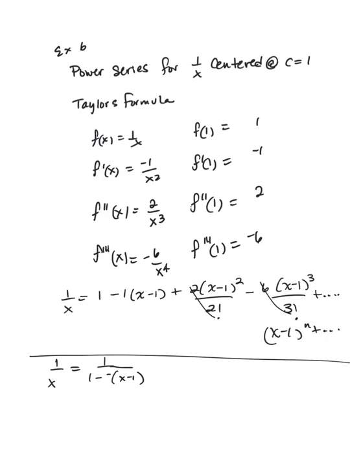So what we could do is we could replace the values of x in 1 over 1 minus x with the opposite of x minus 1, and so you would get 1 minus, right, because the plus is now becoming a minus, x minus 1, and then you would get positive because you're squaring, so it would be x minus 1 squared.